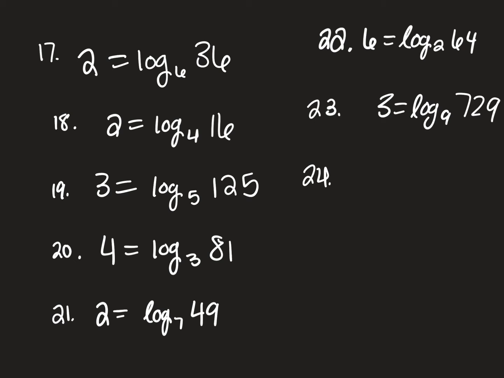And 24 is 4 equals log 8 of 4,096. All right, how did these go? Good? You guys feel better about it once you did a few of them? Putting the stuff in? Okay, good. All right, and then 25 through 32.